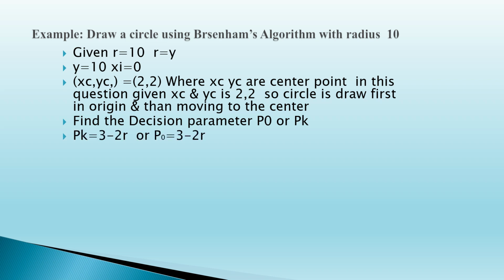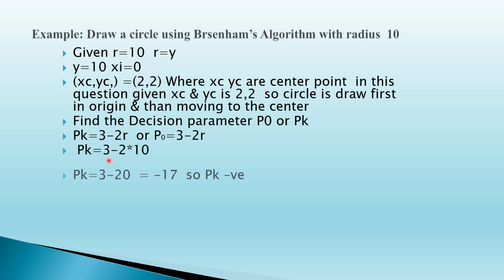So we put in the value of the radius, which is 10: 3 minus 2 into 10, where r is the radius.